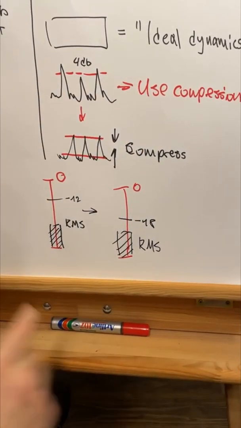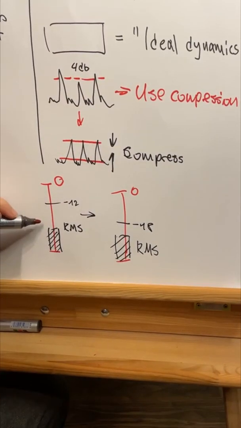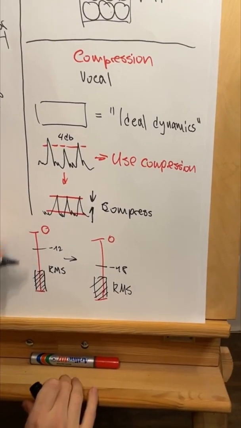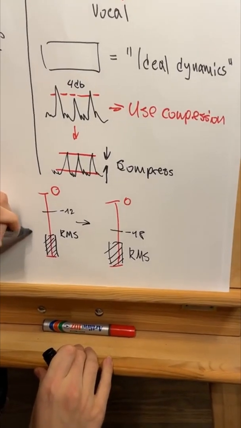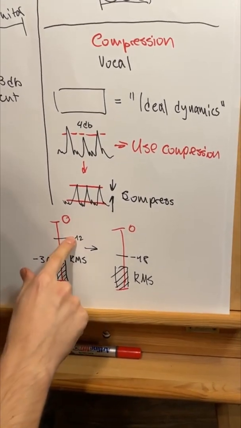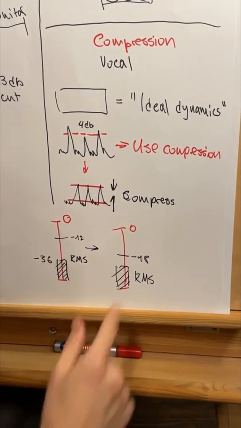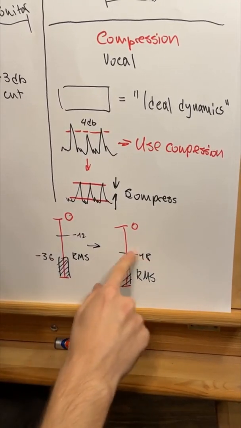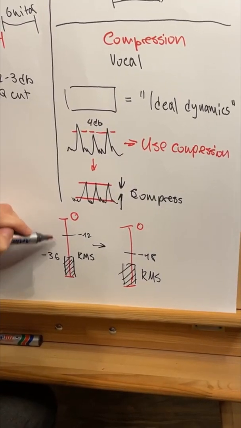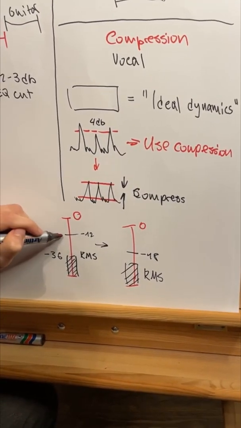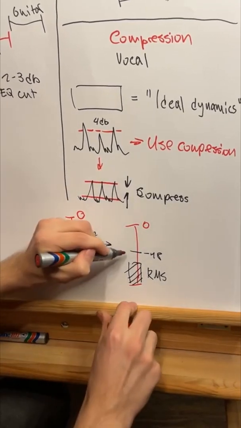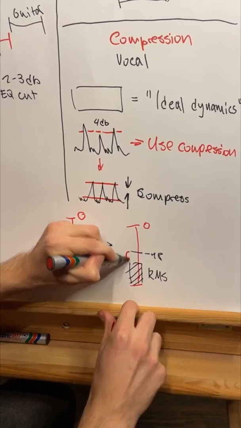The difference from here, say minus 36, to minus 12 is big. But here, the difference from here to here is bigger if you compare this to this, okay?